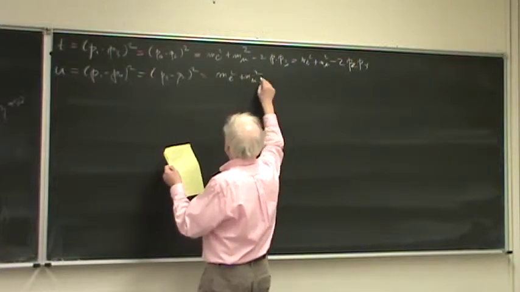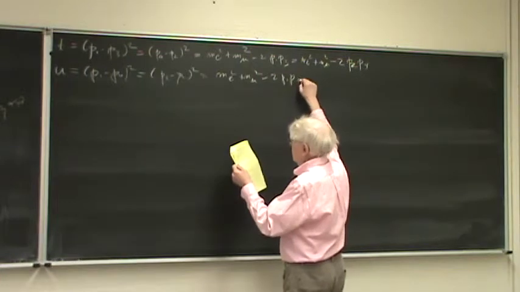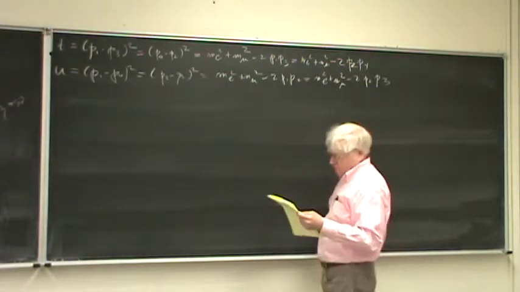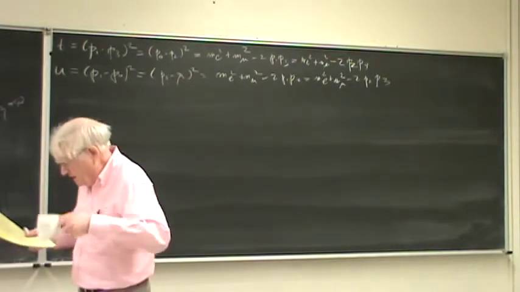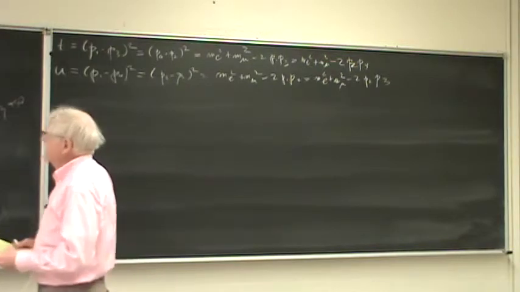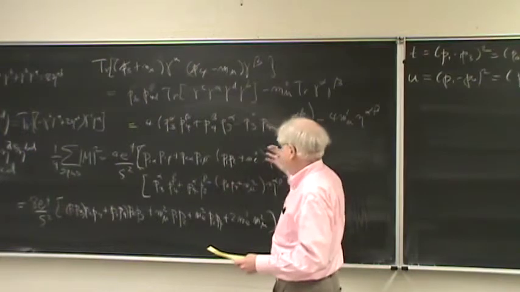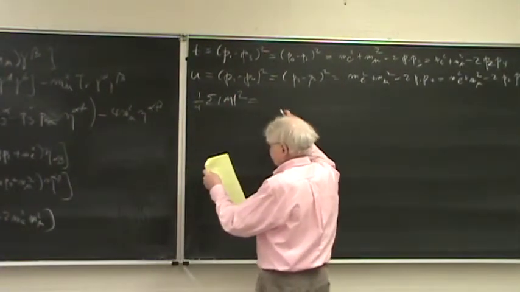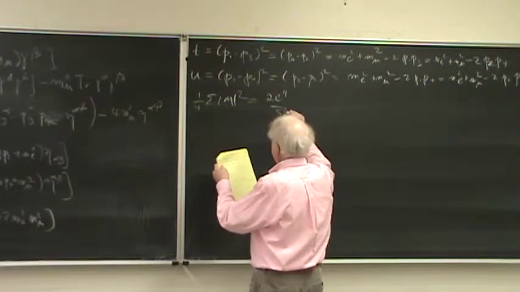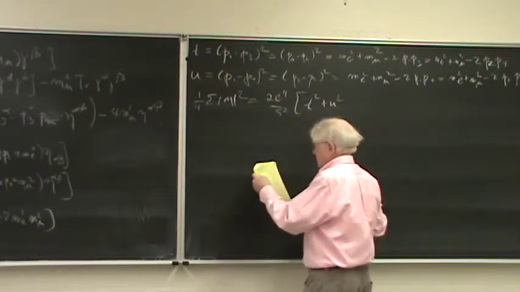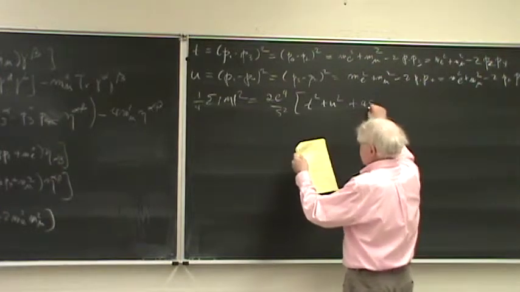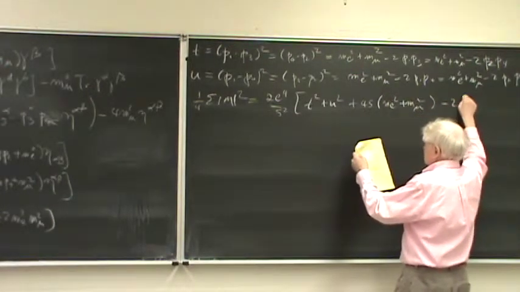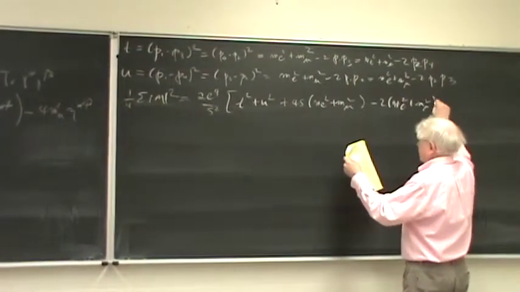So, okay, so we have all these relations, and if you use them, don't make any mistakes, you can show that this expression here, the sum over spins divided by 4 of the amplitude squared, is 2e to the 4th over s squared, and it has this remarkably simple formula in terms of the Mandelstam variables. t squared plus u squared plus 4s (me squared plus mu squared) minus 2 (me squared plus mu squared) squared.